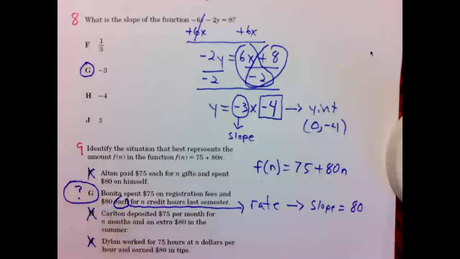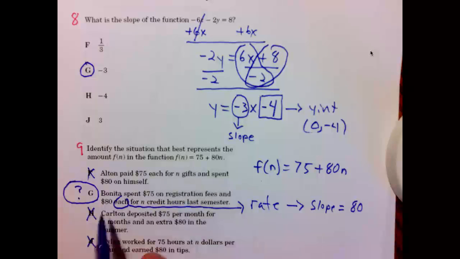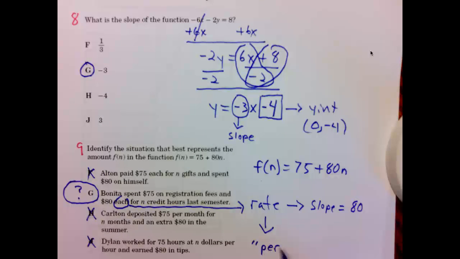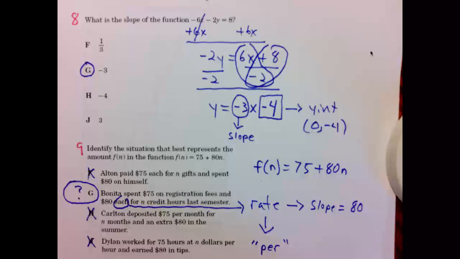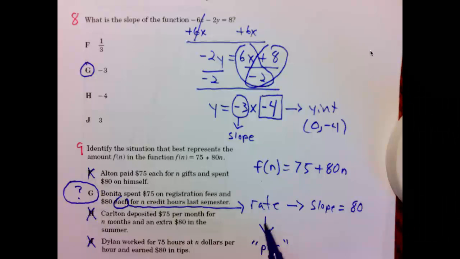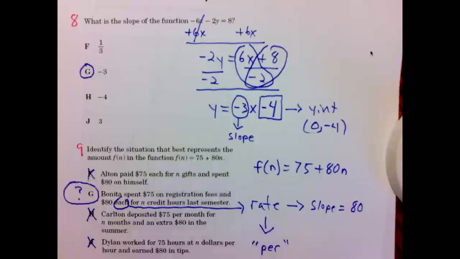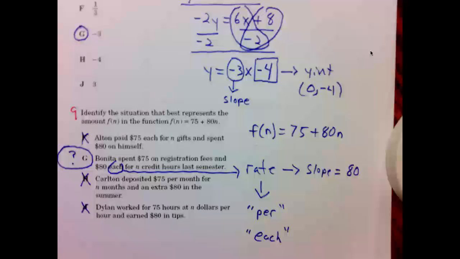Number 9 is G. Slope is rate. Each, per, those are rate words. Oftentimes we can find rate by looking for per or each. These words indicate rate, and rate is slope. Per and each are rate, rate is slope.